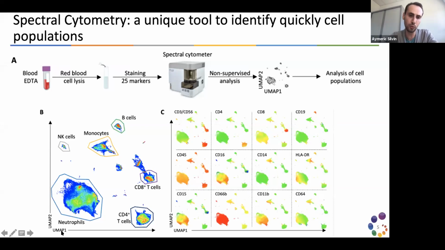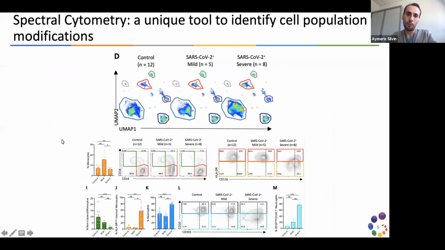From this UMAP view, we could clearly identify neutrophils, CD4 positive T cells, CD8 positive T cells, B cells, monocytes, and NK cells.